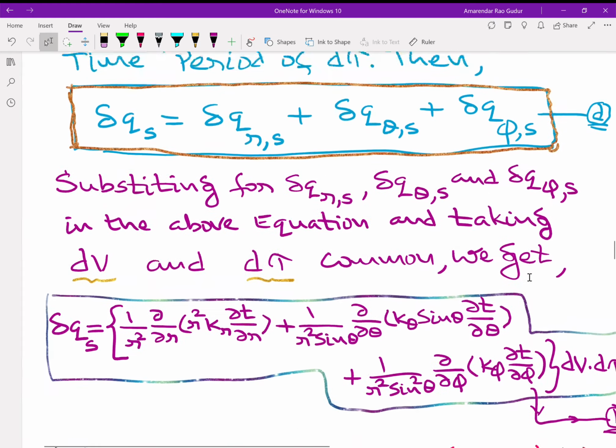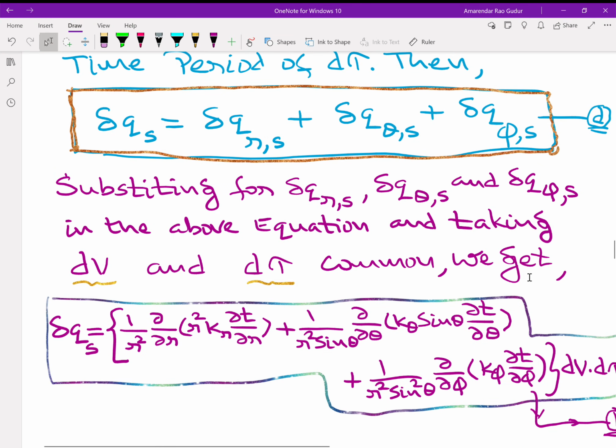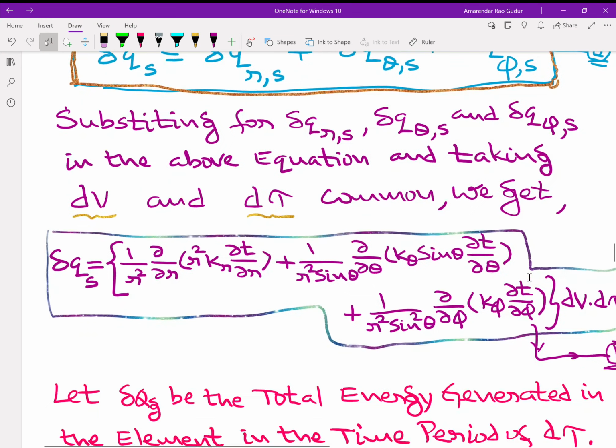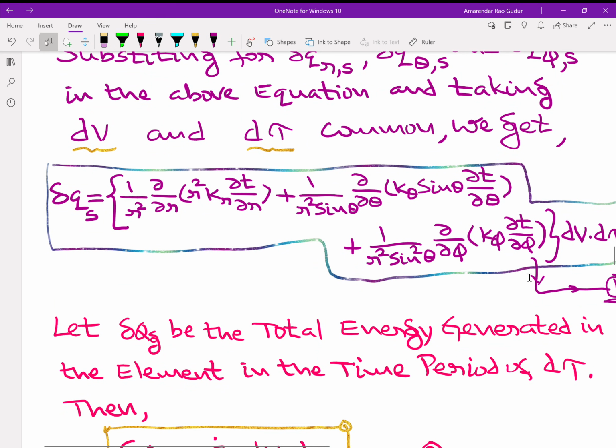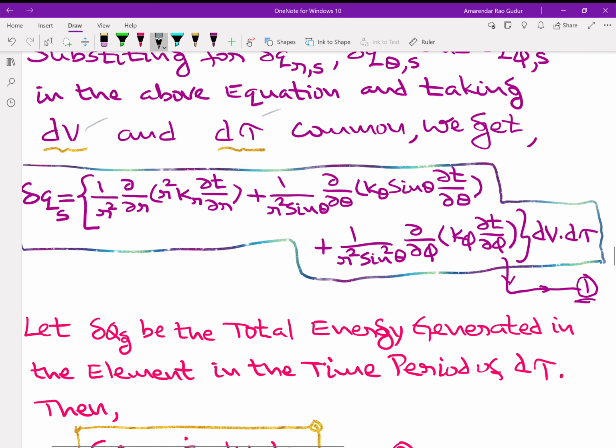Then we substitute for del q r comma s, del q theta comma s, del q phi comma s, and we take dV and d tau common to get del qs as 1 by r square del by del r of r square kr del T by del r component, plus 1 by r square sin square theta del by del theta of k theta sin theta del T by del theta component.